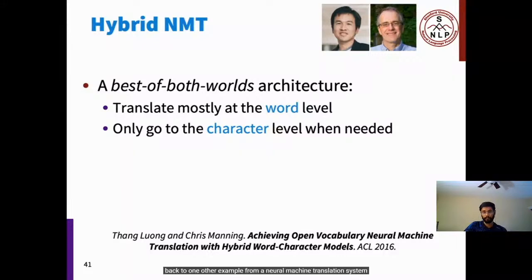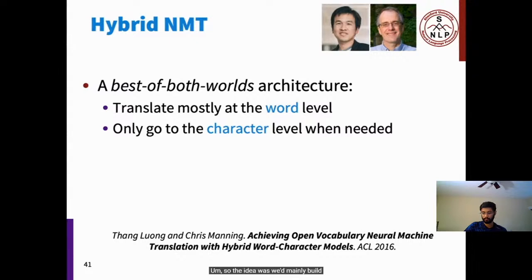So here's one other example from a neural machine translation system of doing this hybrid architecture that has word level and character level. I showed you earlier a purely character level model. I mean, we'd built that out of interest to see how well it did. But we were really wanting to build a hybrid model because that seemed like it'd be much more practical to build something that translated relatively quickly and well.